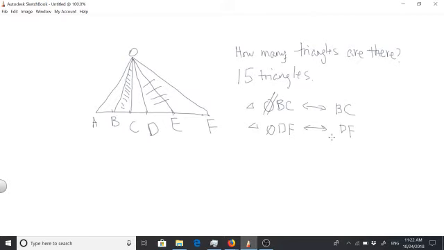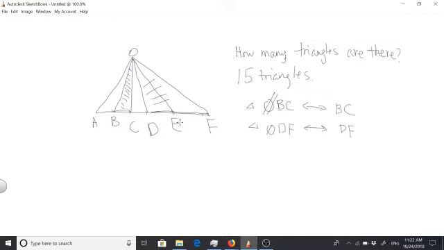So basically, each triangle corresponds to a line segment, like line segment BC, line segment DF. And this is quite similar to what we discussed in counting the number of squares, that each square corresponds to its lower left corner.